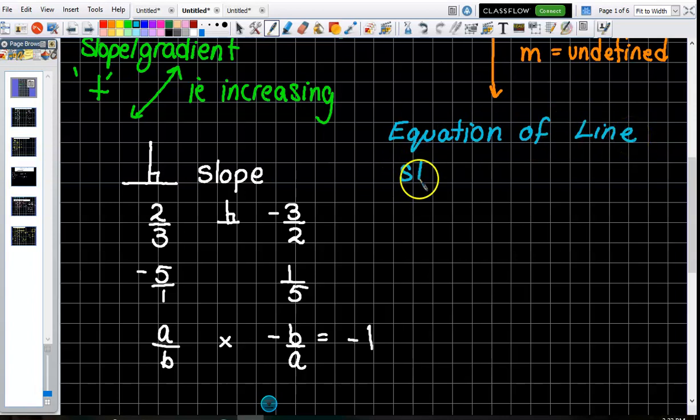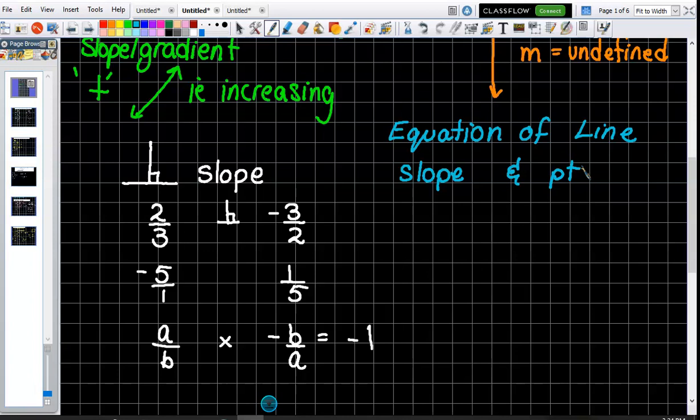We need the slope, and you need a point. Now that point could be the y-intercept, but it could be some other point. And it could be that I don't even give you the slope. I give you 2 points, and of course you can find the slope from the 2 points. So I keep giving you less and less information.